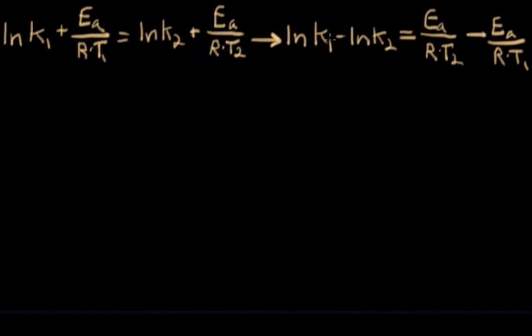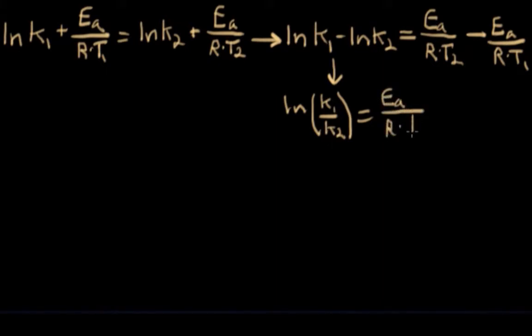Again, I'm going to use natural log rules to combine this side of the equation right here. So from that we get the natural log of K1 divided by K2 is equal to E sub A divided by R times T2 minus E sub A divided by R times T1.